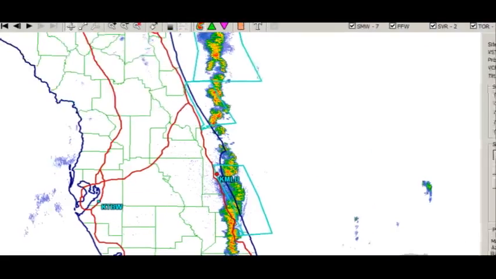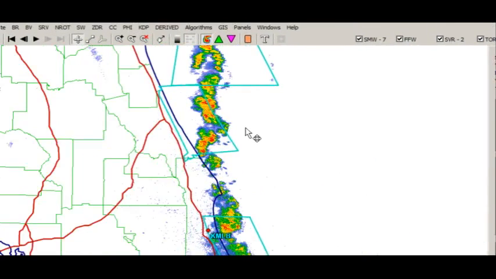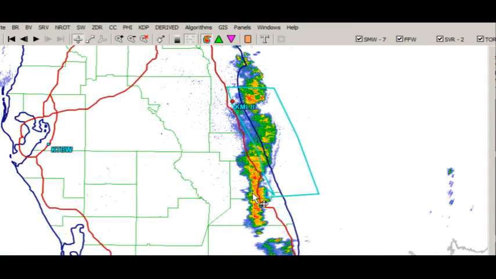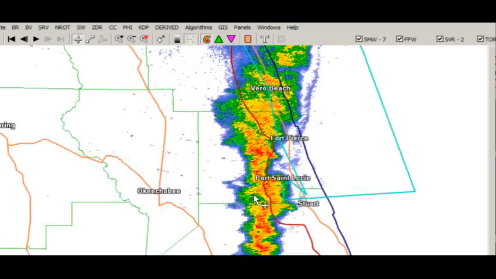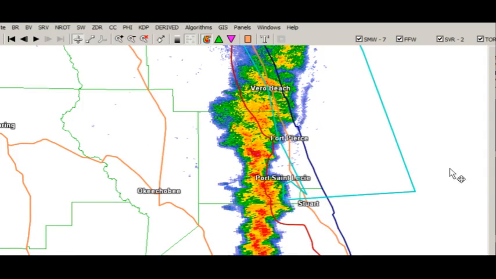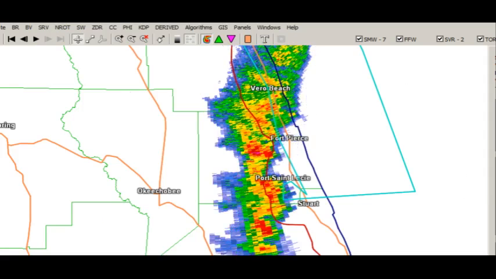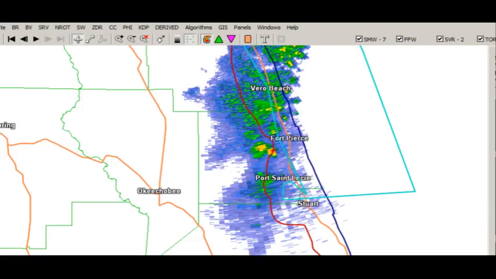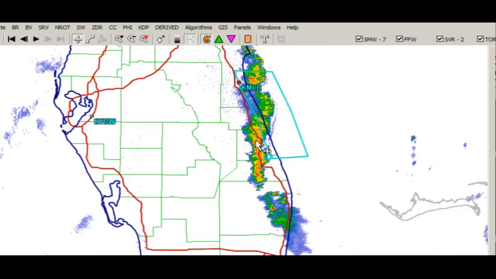Okay, we'll take a look at the radar. I've got Melbourne loaded up here. And these look for the most part to be non-severe. So we're looking at the Vero Beach area. And these are topping out at about 30 to 35,000, just producing a lot of rain in that area.